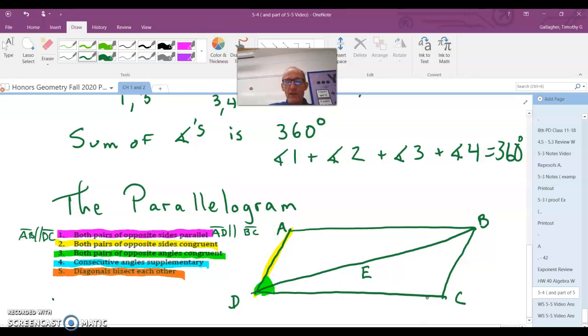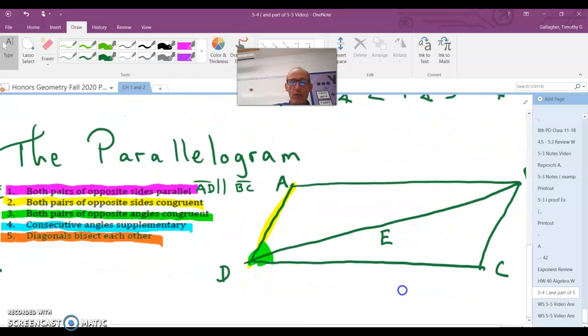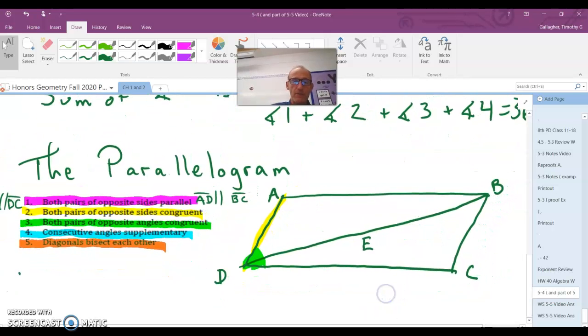Now, one of the things that's really tough about this is the parallel lines. So the parallel lines in the parallelogram happen because it's one of the properties. So if something is a parallelogram, then this is true. Now, why then is this angle congruent to this angle? Okay, and then why is this angle here congruent to this angle here?